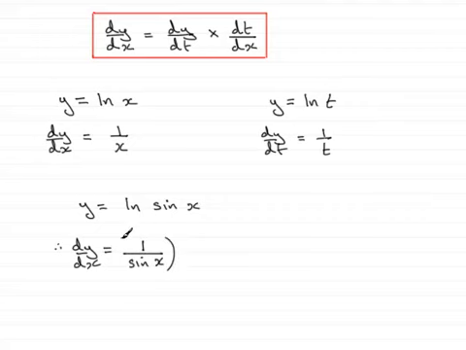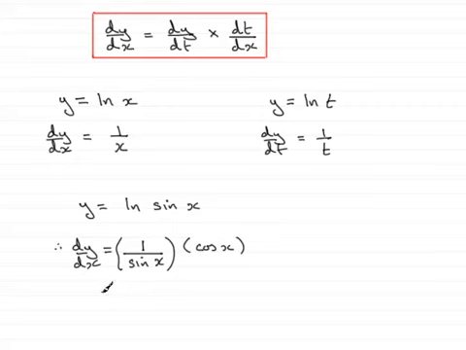Put that in brackets. Now I need to multiply by dt dx. In other words, I need to differentiate t with respect to x, and t was sine x.